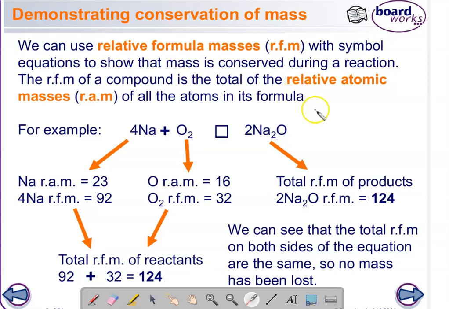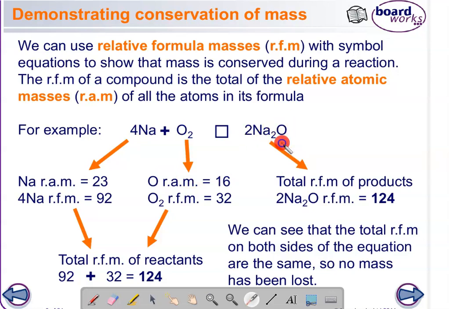We've already gone through how to work out the relative formula masses. You do that by summing up all the individual relative atomic masses. Now, how do you show that mass has been conserved in a particular reaction? You can do that by working out the relative formula masses on the left side and comparing it to the relative formula mass on the right, i.e., you calculate the relative formula mass of the reactants and compare it to the relative formula mass of the product.